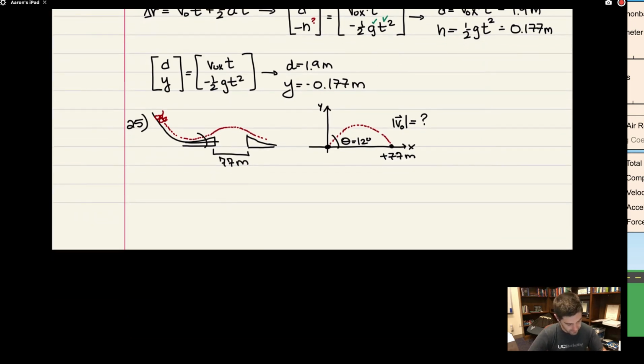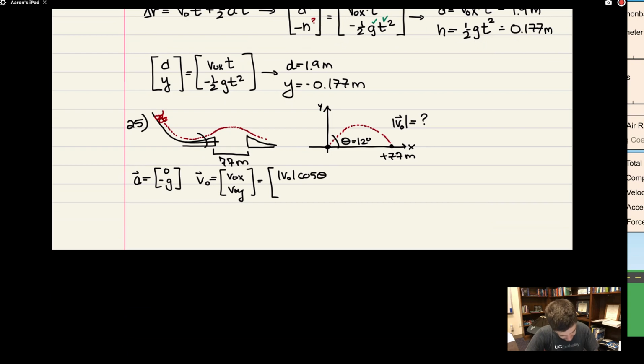So again, what can we write down that we know? The acceleration vector is the same. The initial velocity vector, I could write this as the initial x component and the initial y component. But since I know the angle and I'm looking for the speed, I could also write it like this.